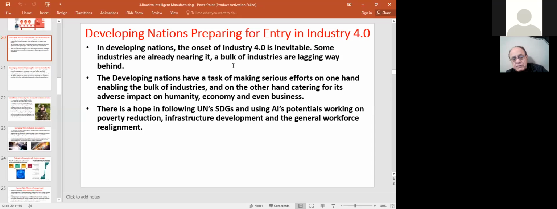So this is the task really. Some manual skills are no more required. Then the skills which are required, we have to bring our people towards them.